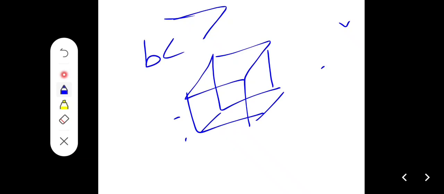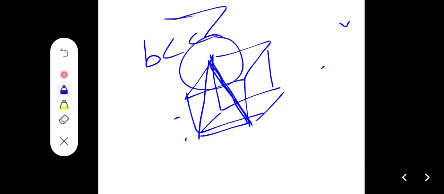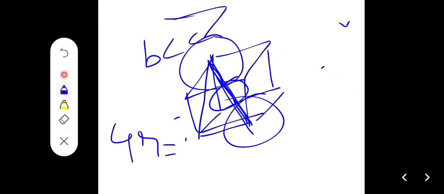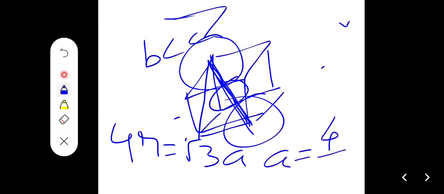For BCC, consider the body diagonal. It must be 4r equals root 3a, so a equals 4r by root 3.